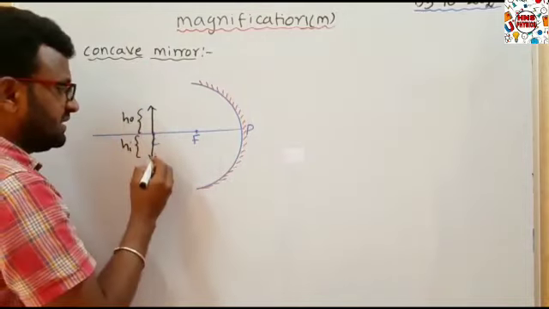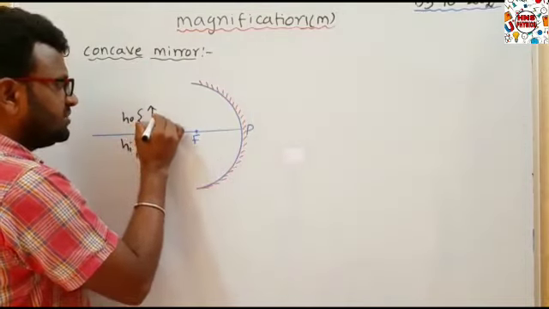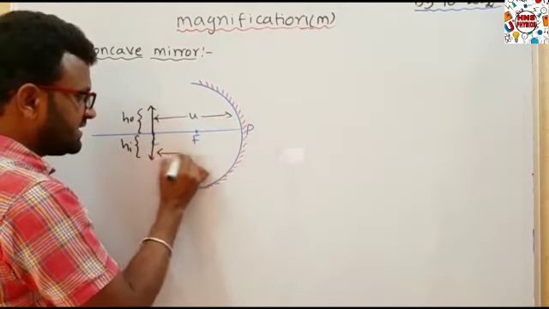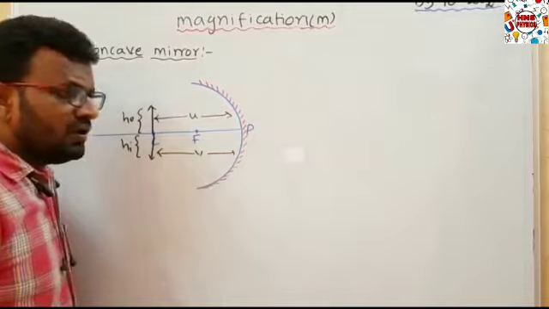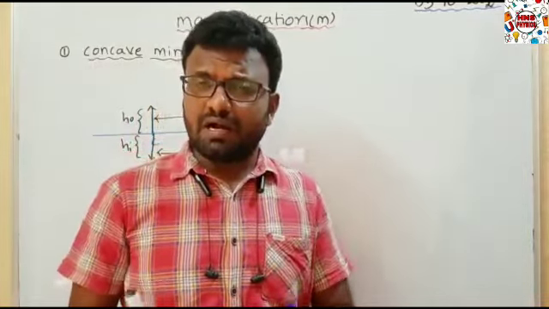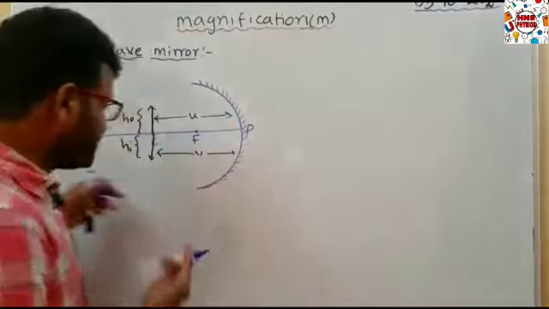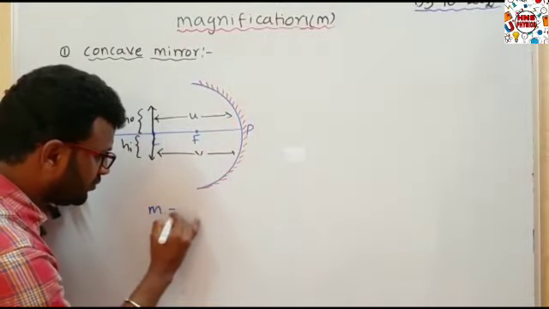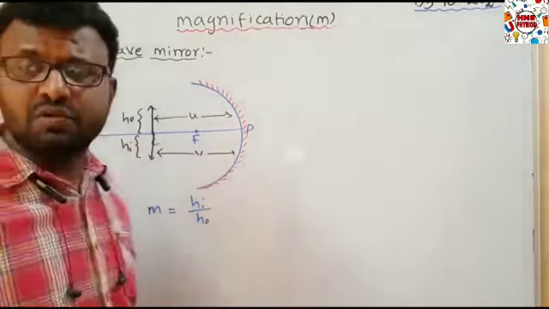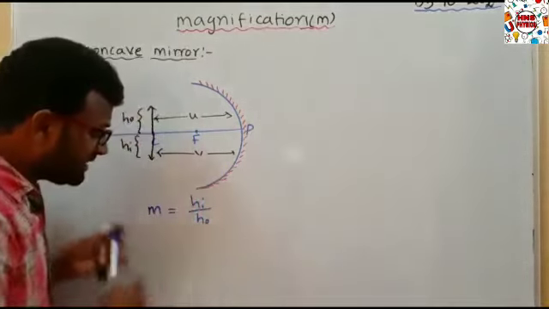This is the object position, and pole to object distance is denoted by u, and pole to image distance is denoted by v. Now we can write the magnification for concave mirror. According to the definition, the ratio of height of the image to height of the object. So this is the formula.